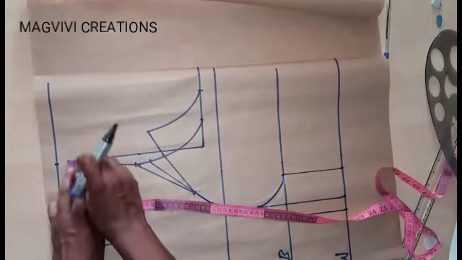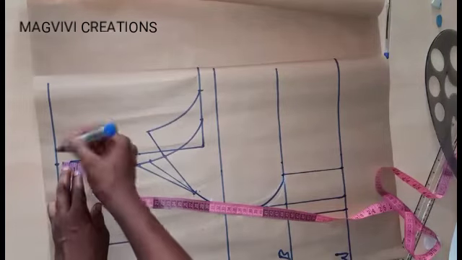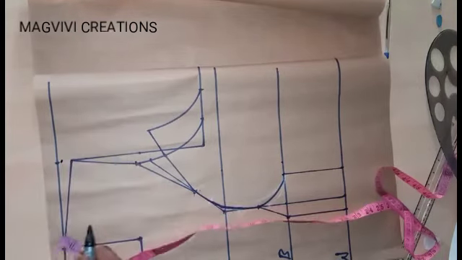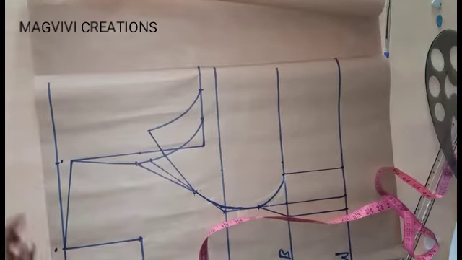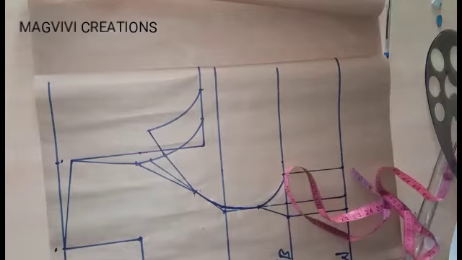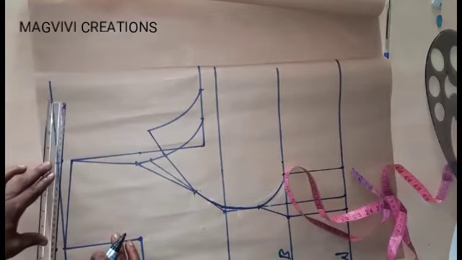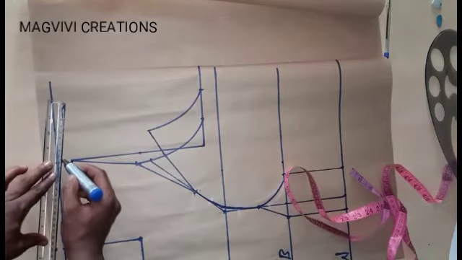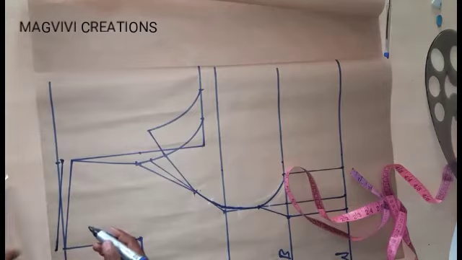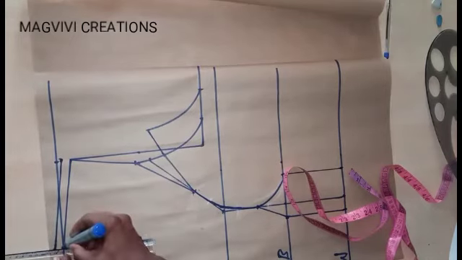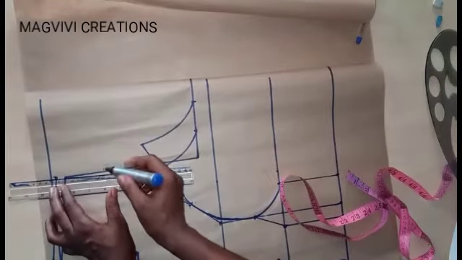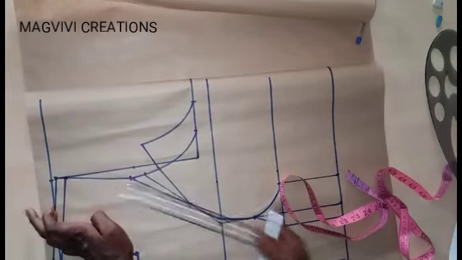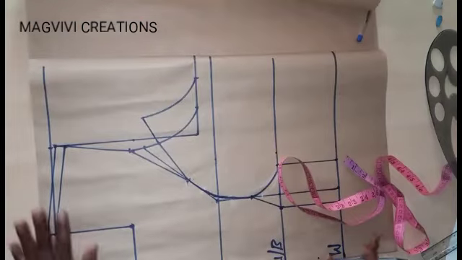So you always have to place that shoulder seam allowance of ½ inch. From the neck width, I extended up by ½ inch, and from here ½ inch. Then I'll connect it. So this is my shoulder seam allowance for joining the blouse at the shoulder, and we'll have our neckline and our armhole remaining the same. Okay, so always do this.